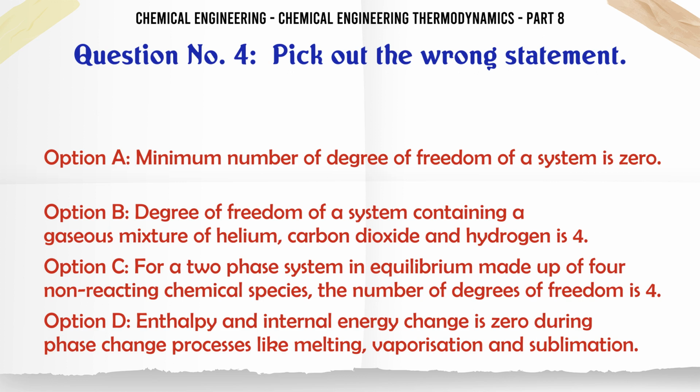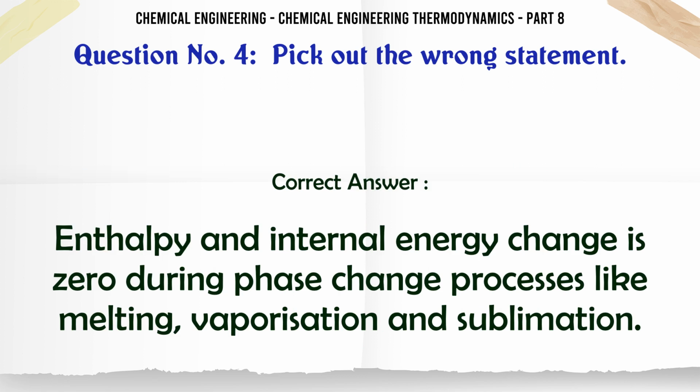D. Enthalpy and internal energy change is 0 during phase change processes like melting, vaporization and sublimation. The correct answer is D: enthalpy and internal energy change is 0 during phase change processes like melting, vaporization and sublimation.